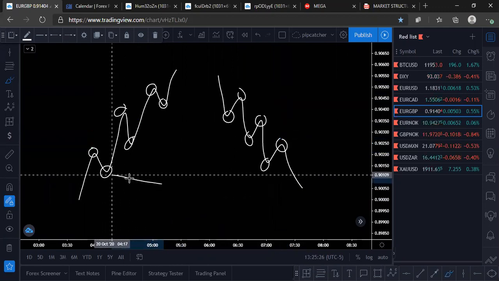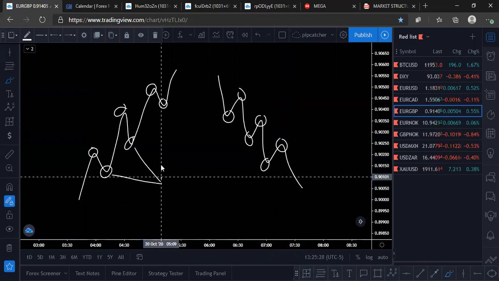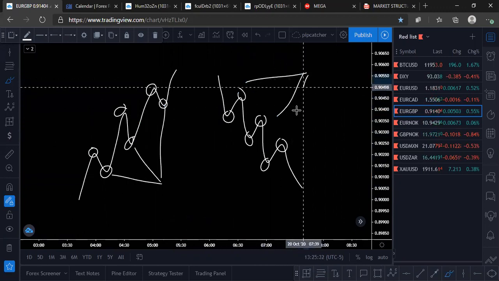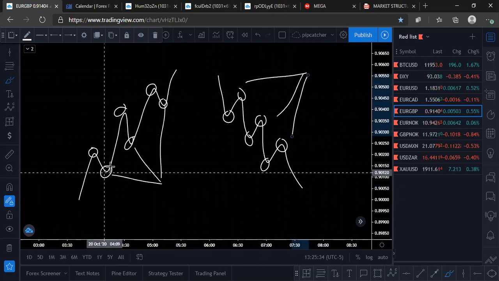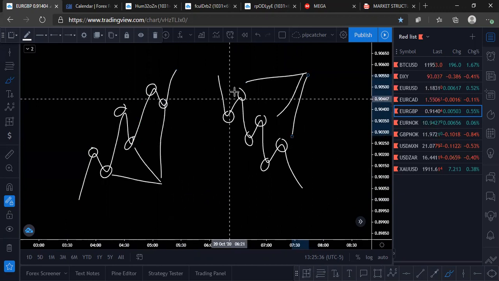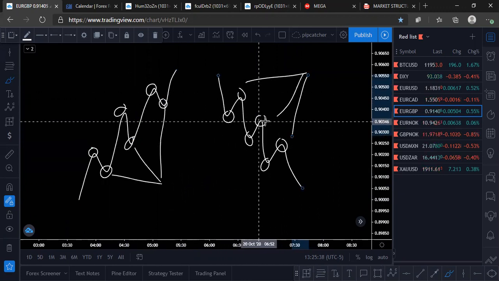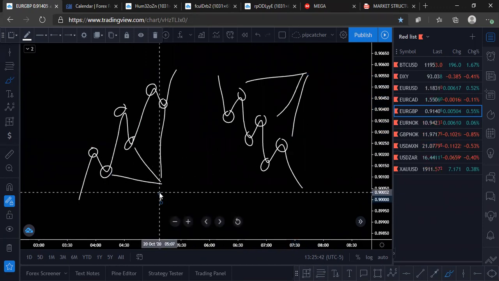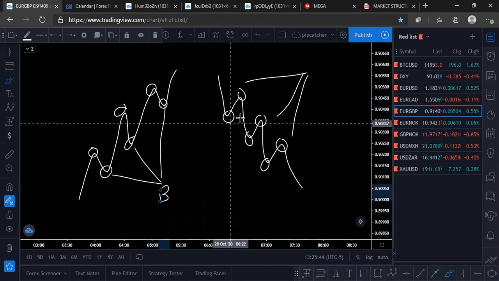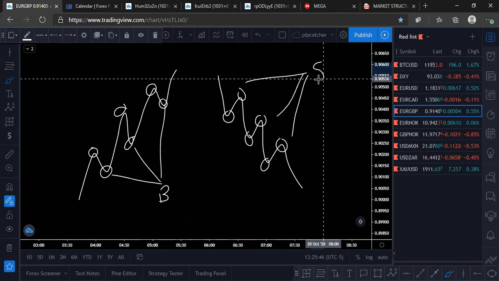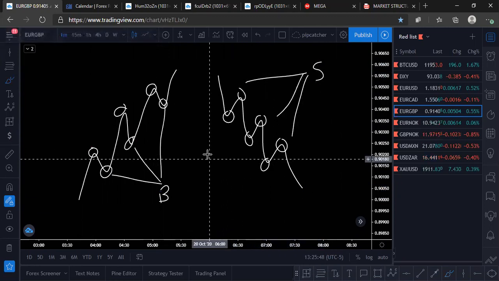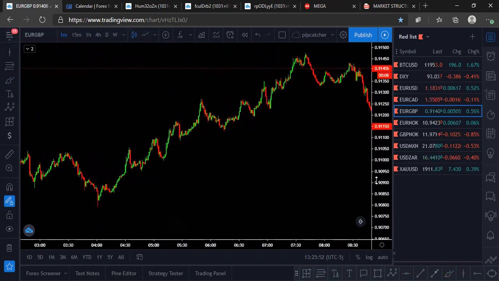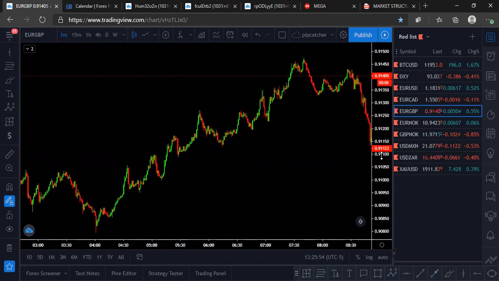In these areas, your higher lows and lower highs, these will be your opportunities for buying in an uptrend and your opportunities for selling in a downtrend.